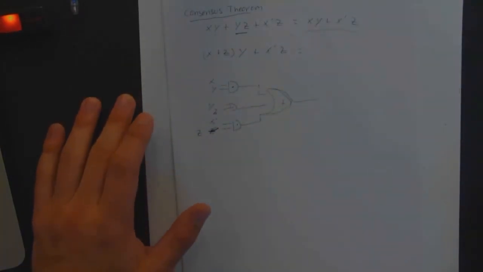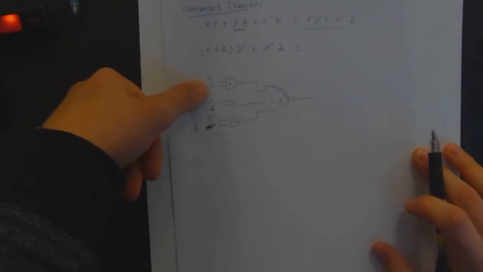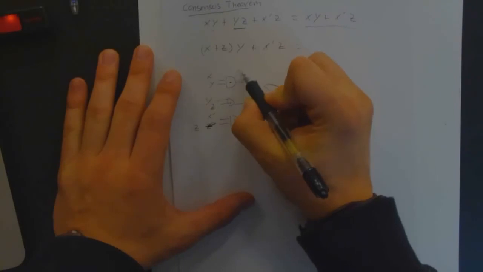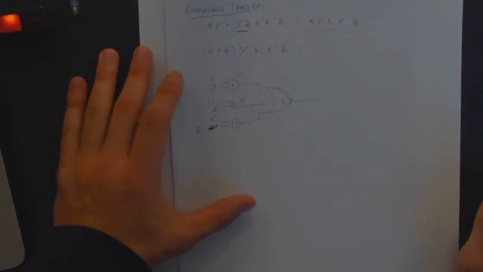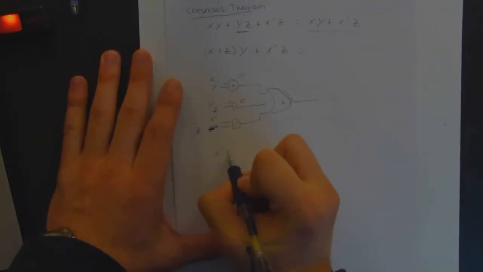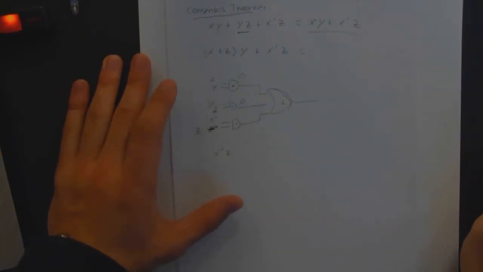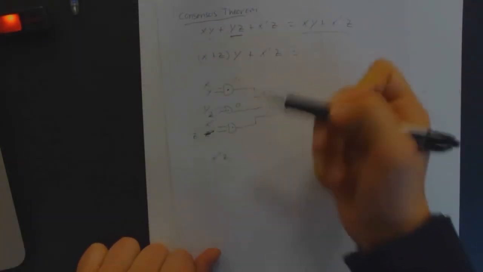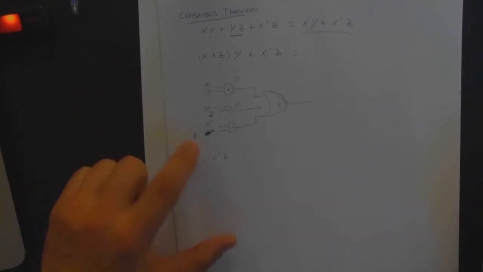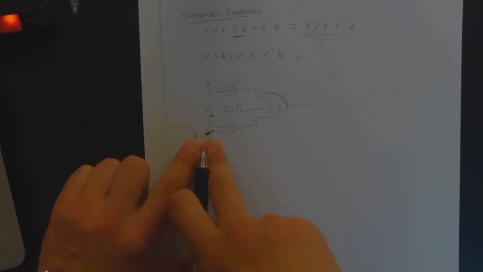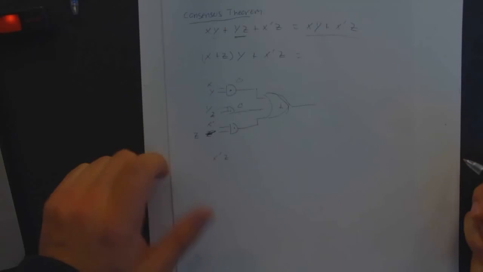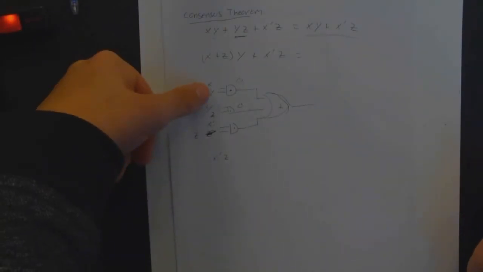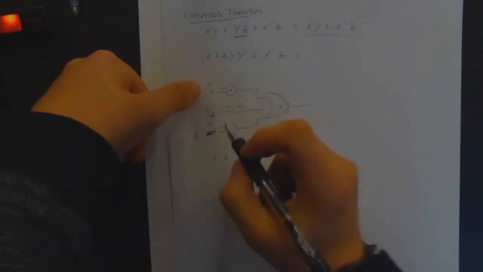Okay, so here, x and y. Let's try it out, because this is more like a try and see. If we say y is 0, right, that means this one right here is 0, and so is that one, right? So all we're left with is x prime z, okay? Now, if we say x is 1 here, this would make 0 anyway, so that would come to 0 as well. So we'll say x is 0. So that makes z and x prime go to 1.